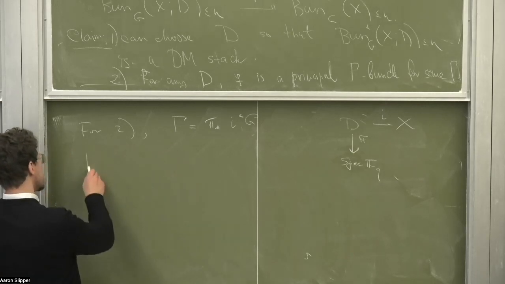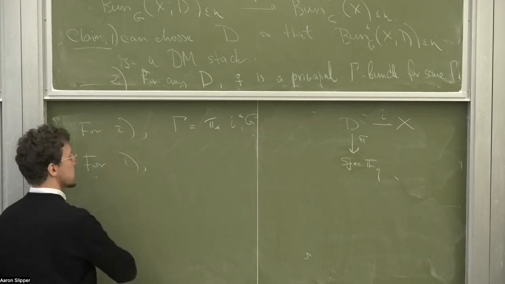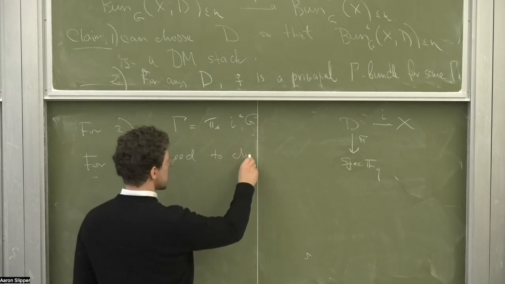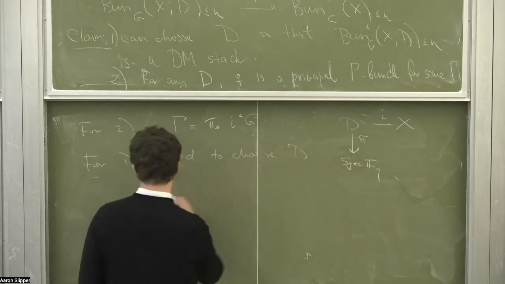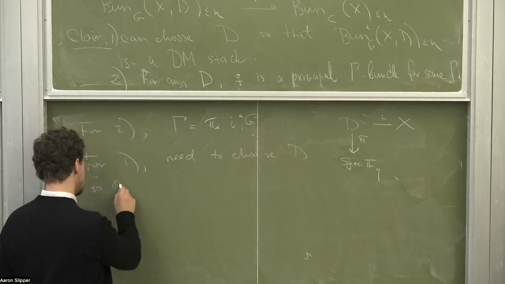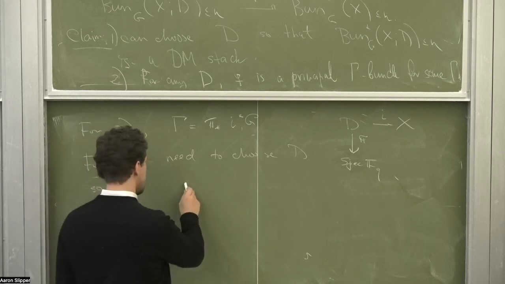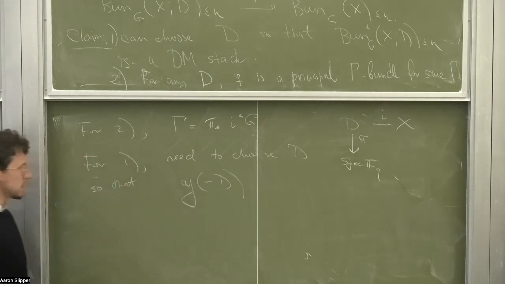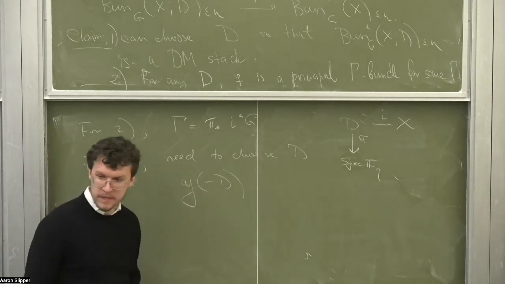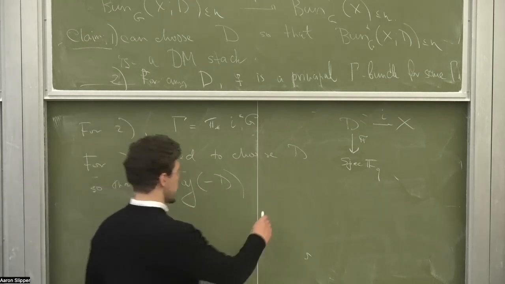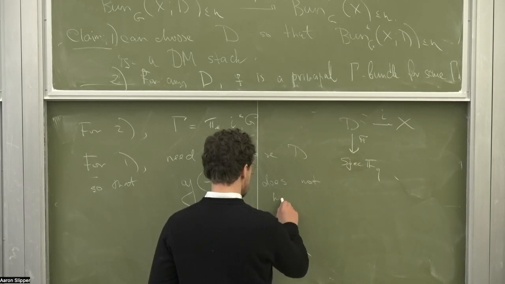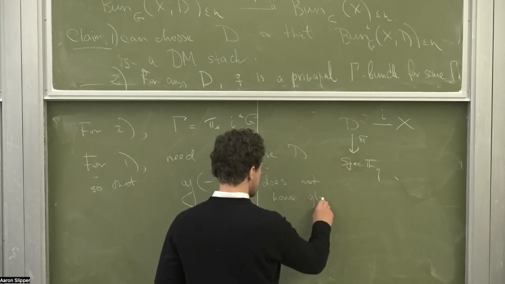And now for one, you need to choose D so that this twisted vector bundle, take the bundle P algebra corresponding to G, and I twist it by minus D, has no global sections.